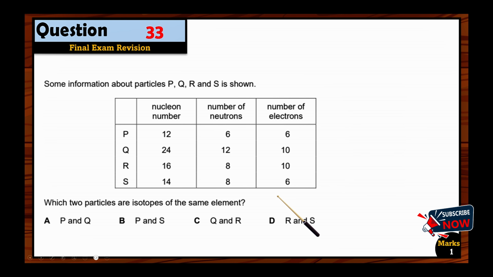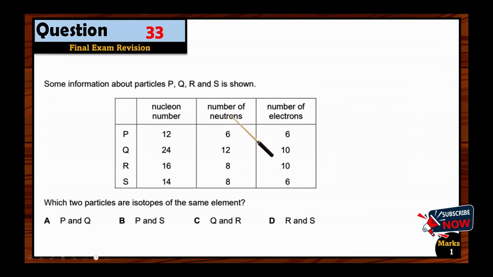If you see which ones have the same number of electrons, P and S have the same number of electrons. Q and R have the same number of electrons. So now the electron number is always equal to the proton number, so our proton number should also be the same. So how can we calculate this? How can we find the proton number?